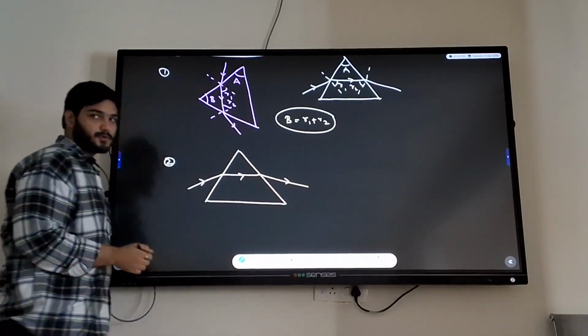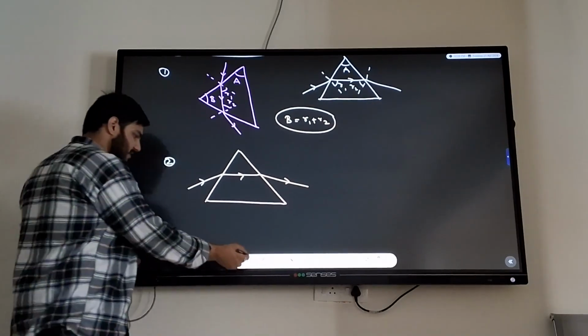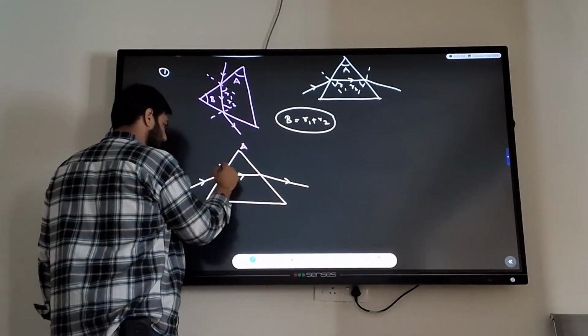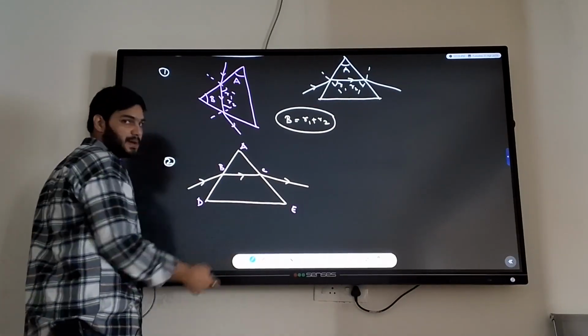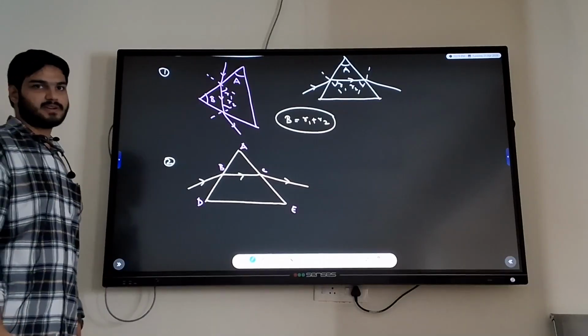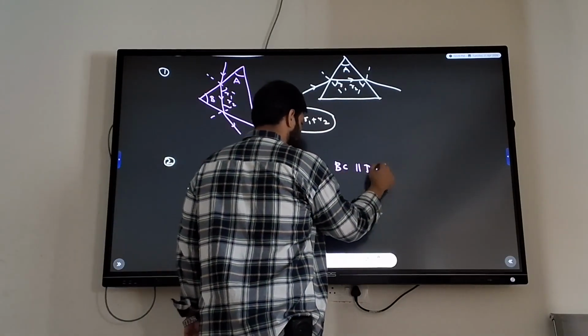Now I am not going to prove it, but you can prove it geometrically that if your R1 and R2 are equal, then you can claim that BC is actually parallel to DE. Yes, you can prove it geometrically that BC should be parallel to DE.